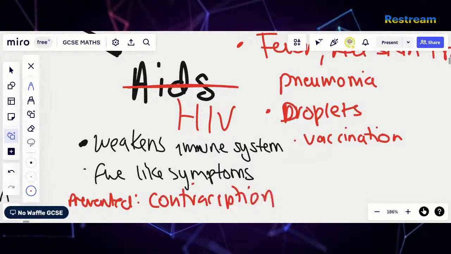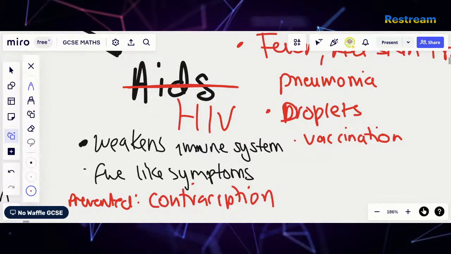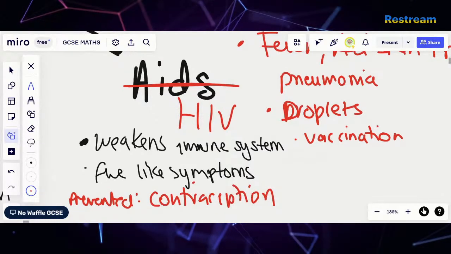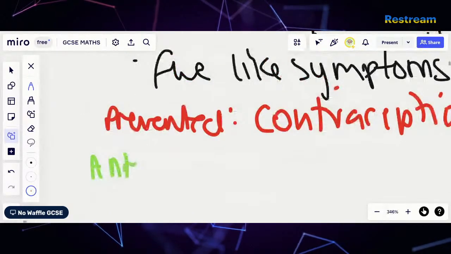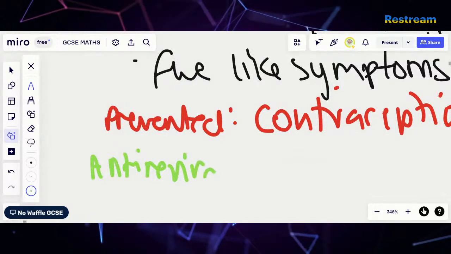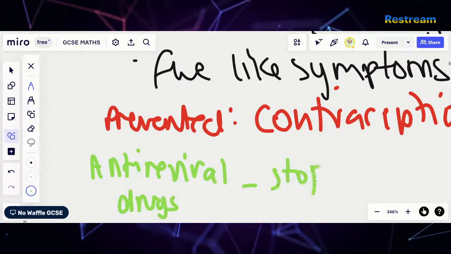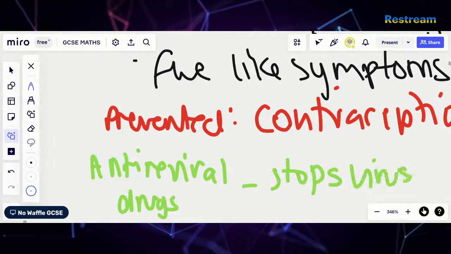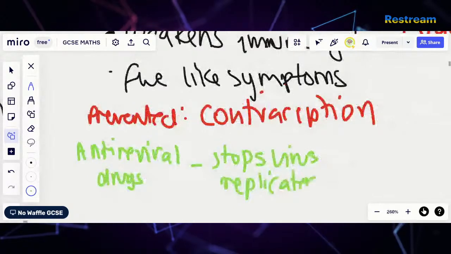And also antiviral drugs, which stop the virus replicating in the body. So it doesn't necessarily cure it, but it stops the virus replicating in the body.